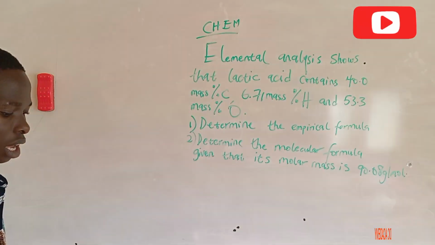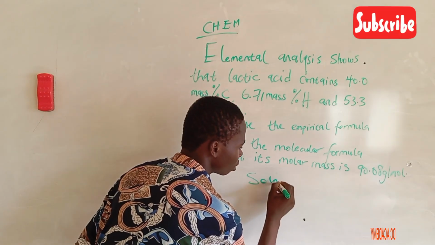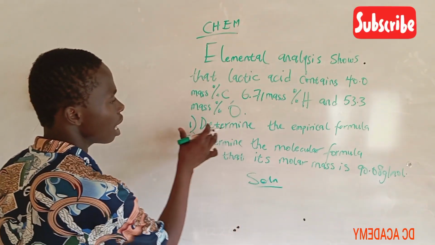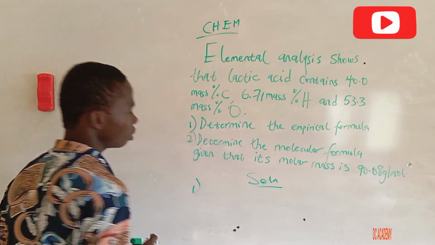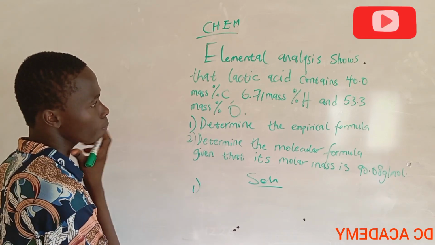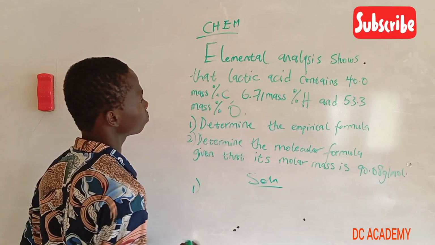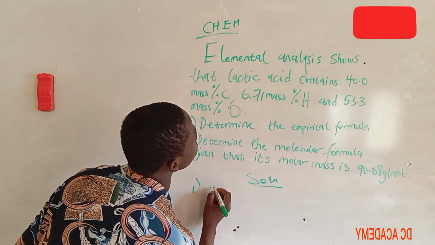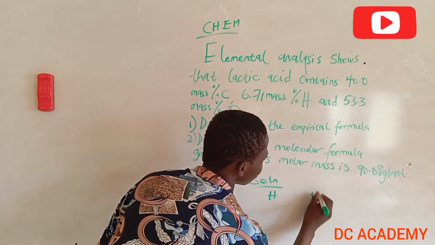Now, like I just said, there are those four steps in determining the empirical formula. Step 1: write out the elements and the mass attached to them. We have carbon, hydrogen, and oxygen.